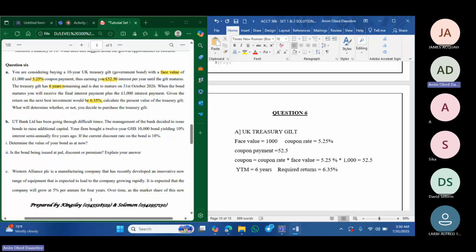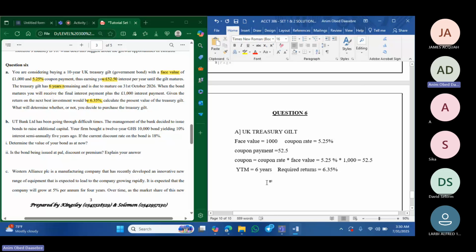So now you can go ahead and find the price of the treasury gilts using the present value formula. This time we are going to use the annuity and the single amount.